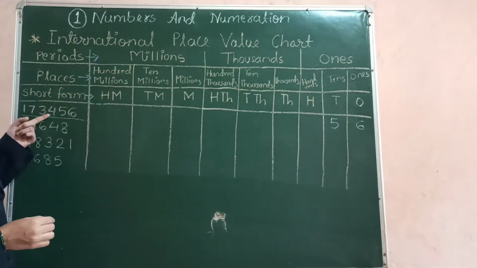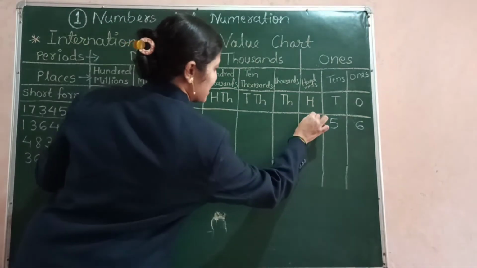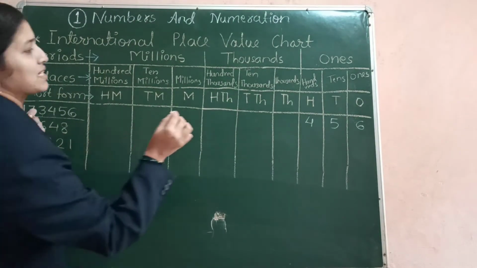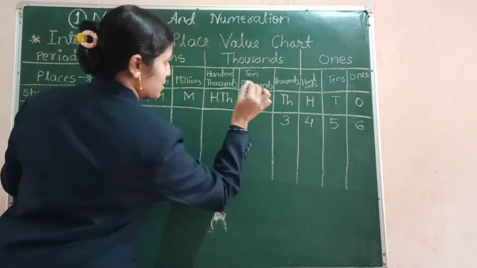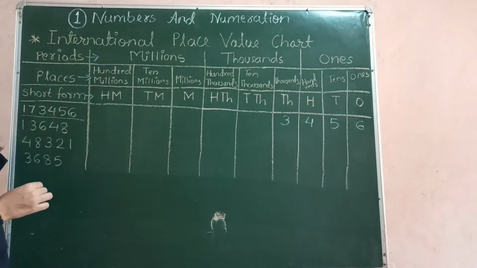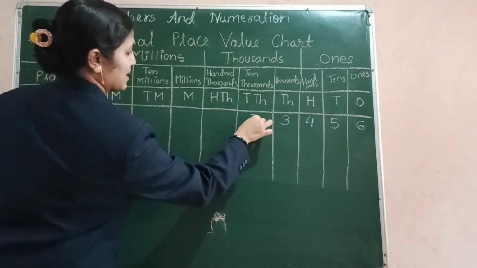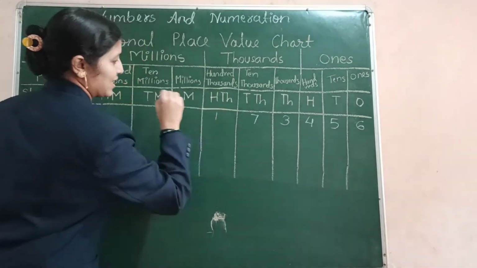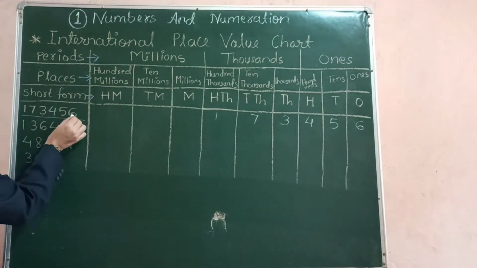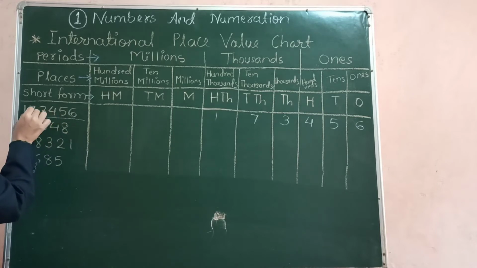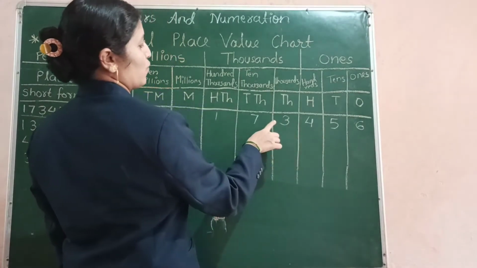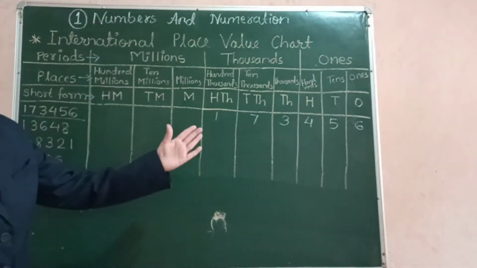The next is 4, placed in the hundreds place. 3 is placed in the thousands place. 7 is placed in the 10,000s and 1 is placed in the 100,000s. So count it here: 1, 2, 3, 4, 5, 6. It is a 6-digit number.